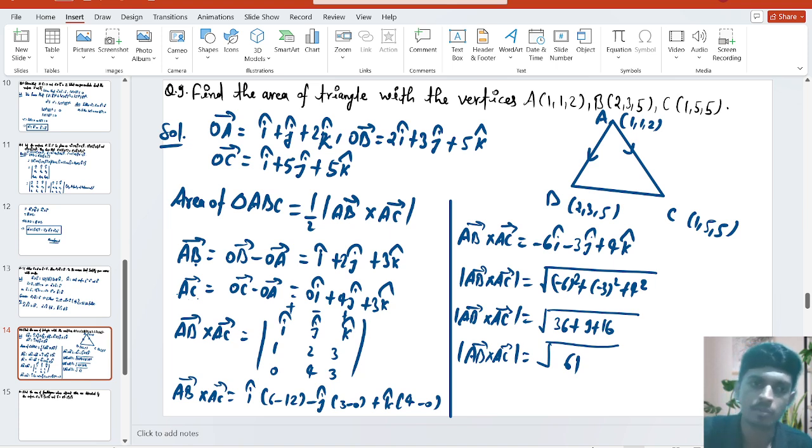So the area of triangle ABC is half the modulus of vector AB cross vector AC. Adding the slide next.